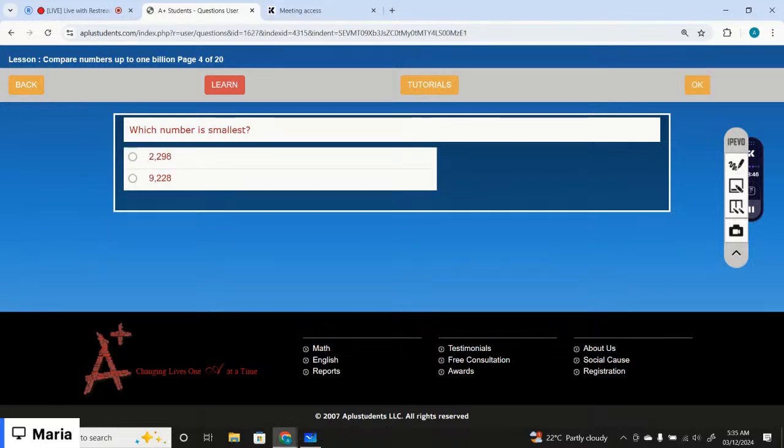Which number is smallest? Which is the correct option? The correct option is option number 1, that is the smallest number.